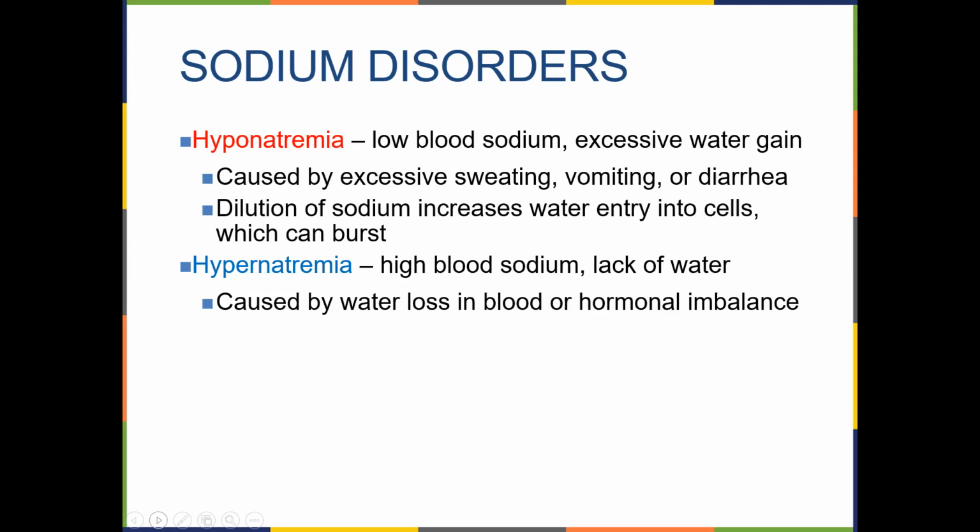Your patient that has diabetes insipidus, if they're constantly losing water and not replacing it, the more water they lose, the more sodium they're going to have left behind. They're going to become hypernatremic. Hypernatremia, if some is good, more is definitely not better. So water loss can drive your patient into a hypernatremic state. Too much sodium because there's not enough water left behind.